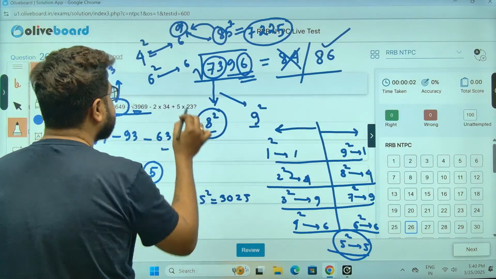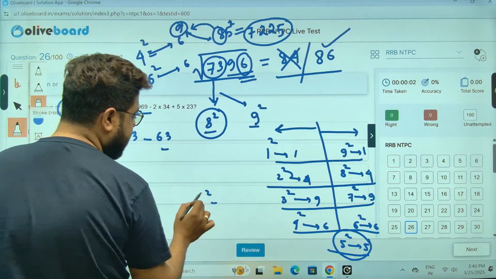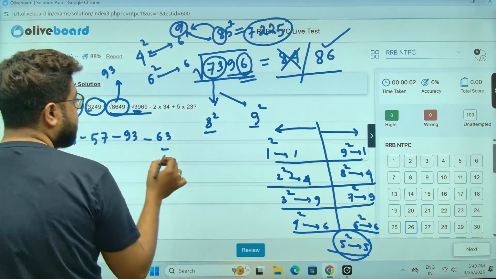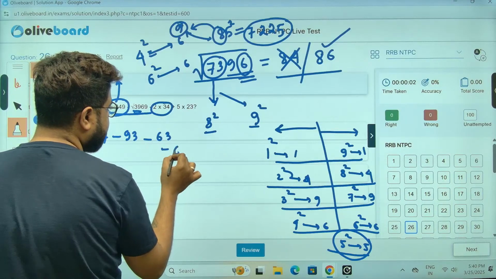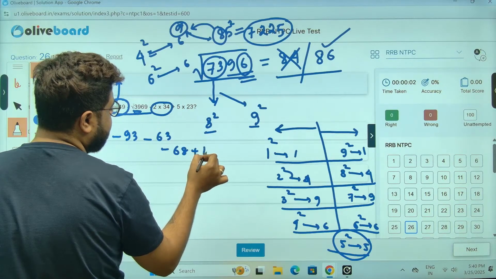Now let me get rid of these things first, otherwise you will get confused. Okay, minus 68, plus 23, 115, right?